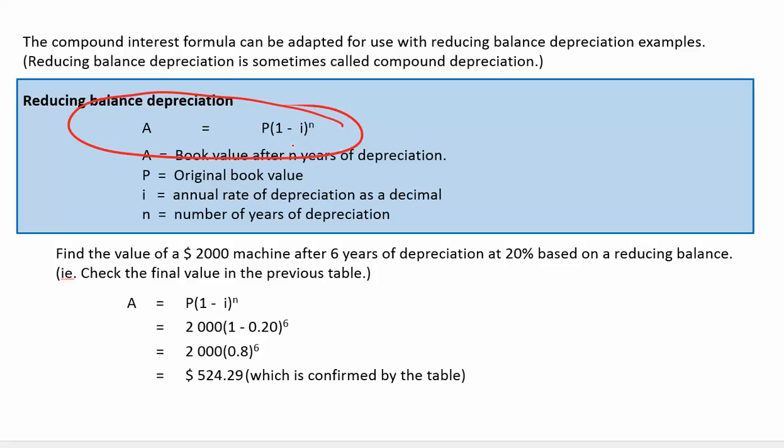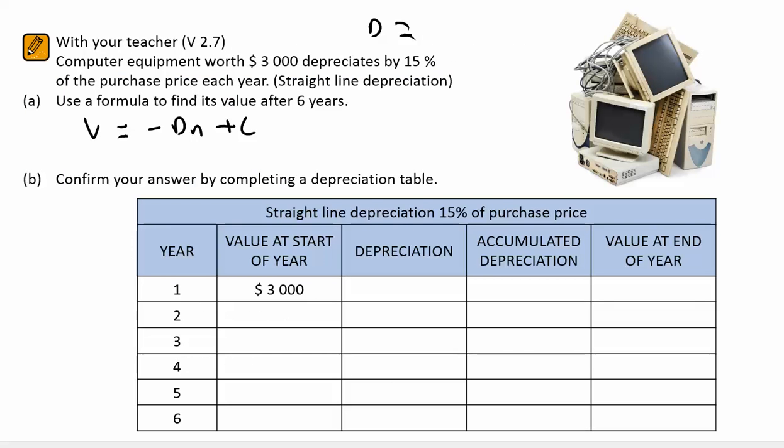In V2.7, I'd like to take you through a comparison of two ways in which some computer equipment can be depreciated: by 15% on a straight line depreciation amount, so 15% of the purchase price every year.